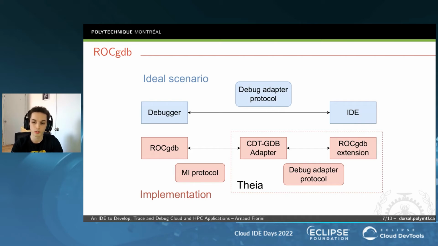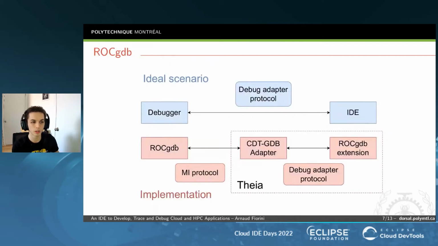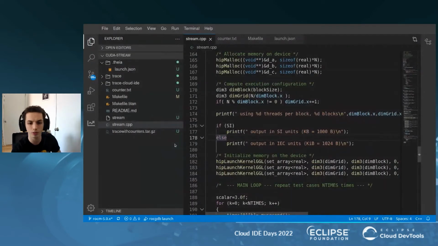Also with the ROCgdb extension, we are able to read the specific parameters of ROCgdb that are exposed. And we added some functions to the debug adapter protocol in order to see more information about the GPU. And so we will do a little demo of that.